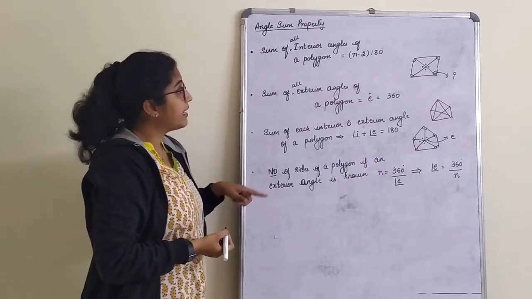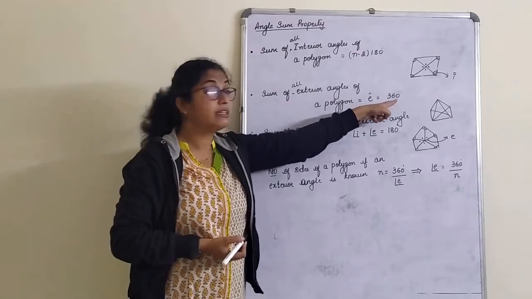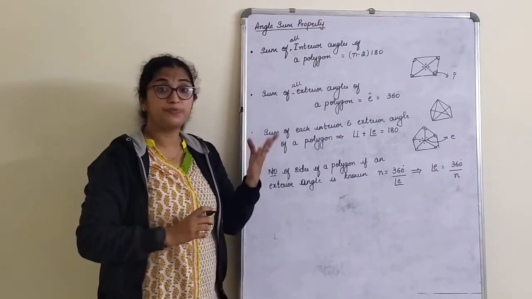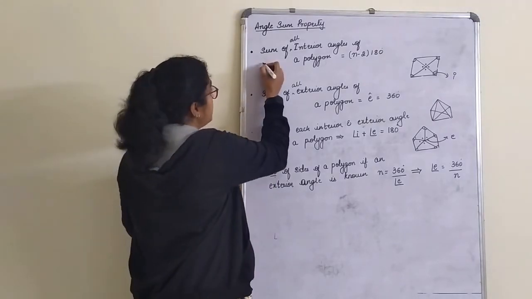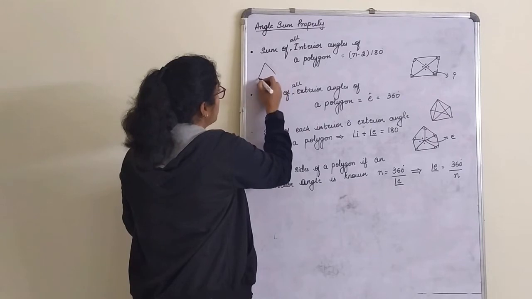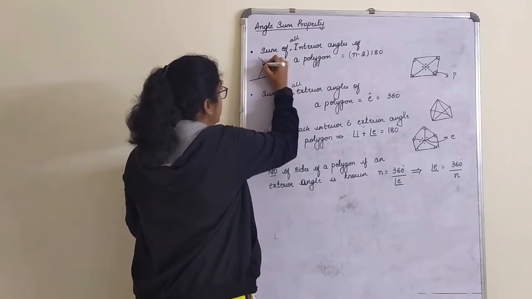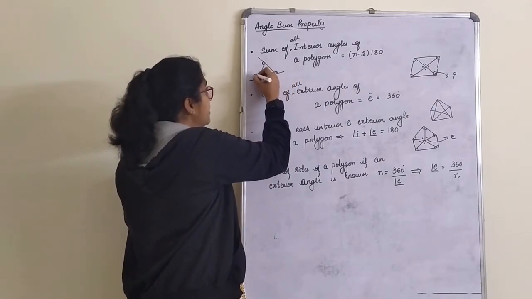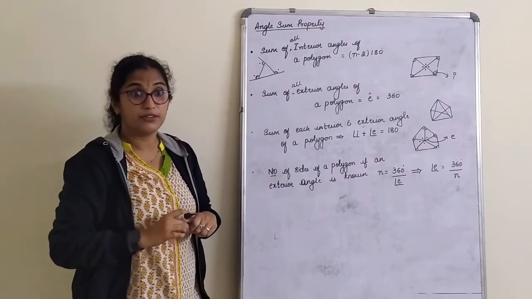The sum of interior angles is this formula. The sum of exterior angles of a polygon remains the same, even for a triangle. Now, if I draw a triangle, what are the exterior angles? This is an exterior angle, this is an exterior angle, this is an exterior angle. If I add these, I get 360 here, right?